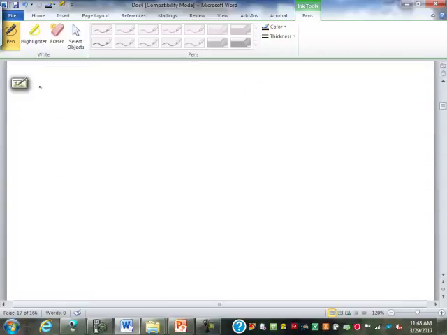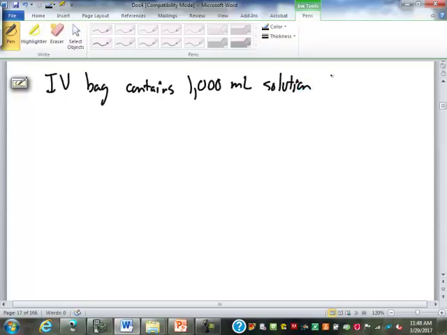Let's say that we have an IV bag that contains 1,000 milliliters of fluid that is set to run at 150 milliliters per hour.